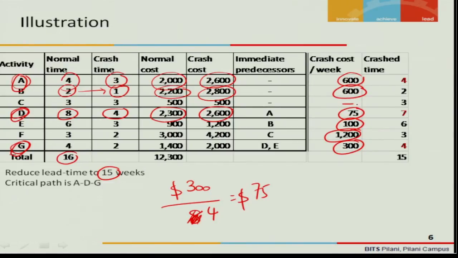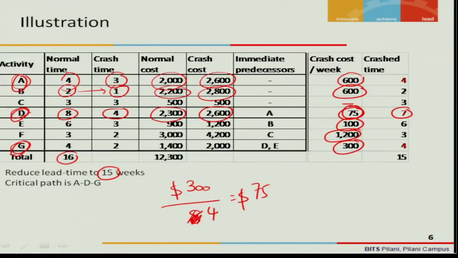Not this, not this, not this, not this, not this. The 75 is the one which has got the least escalation cost. Least escalation of $75. And we can crash this D from 8 to 7. And this is also falling on the critical path.